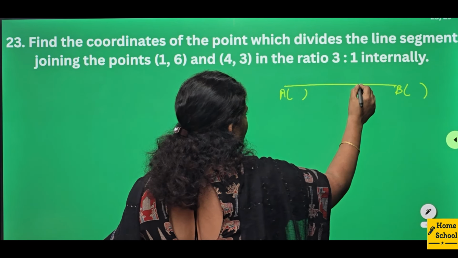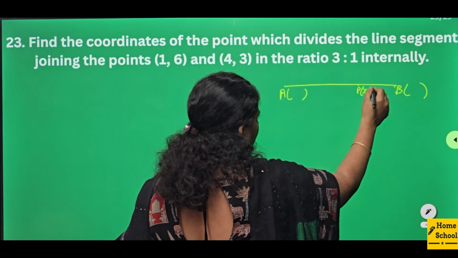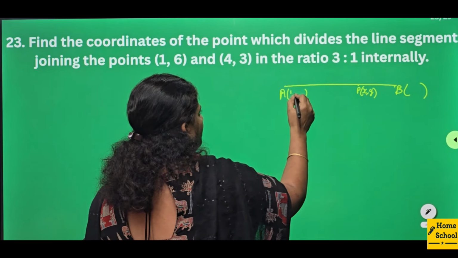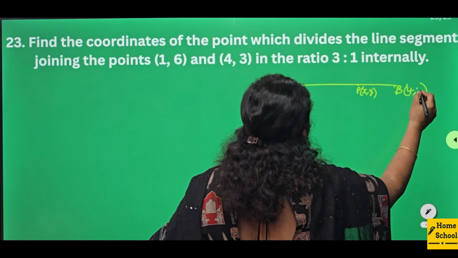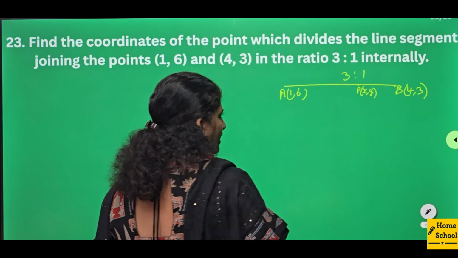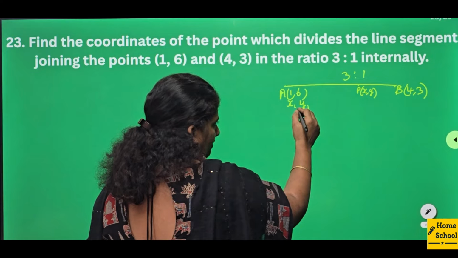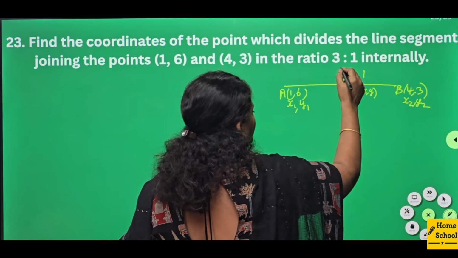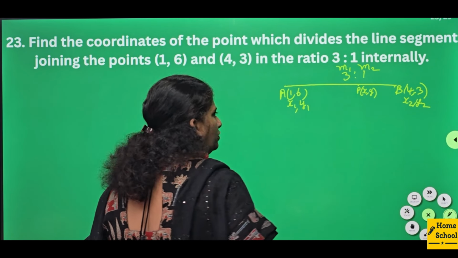So let it be this one, point of division P(x, y), which we need to calculate. The coordinates (1, 6) and (4, 3) are divided in the ratio 3:1. The line joins the coordinates x1, y1 and x2, y2, and the ratio is m1 to m2.